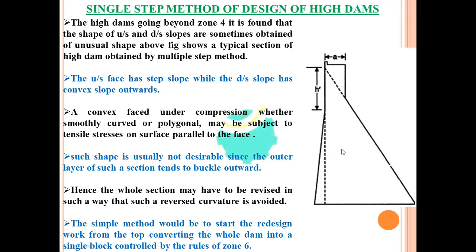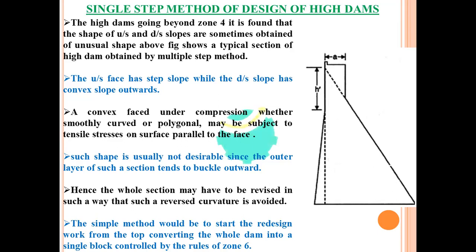A convex shape faced under compression, whether smoothly curved or polygonal, may be subjected to tensile stresses on surfaces parallel to the face. So if we provide a convex faced shape, it will automatically be subject to tensile stresses.